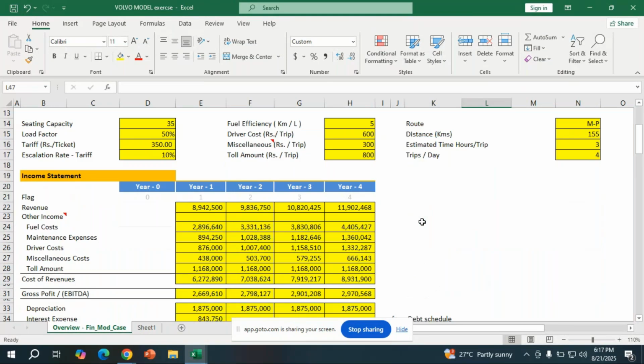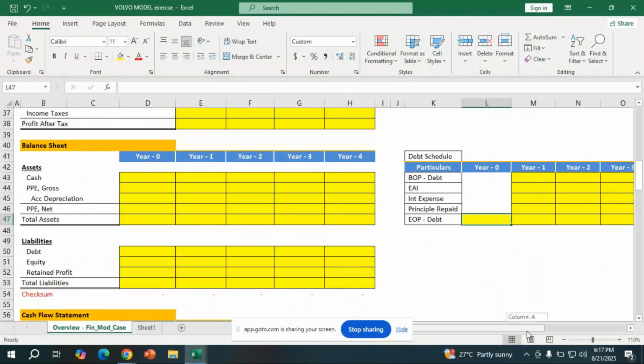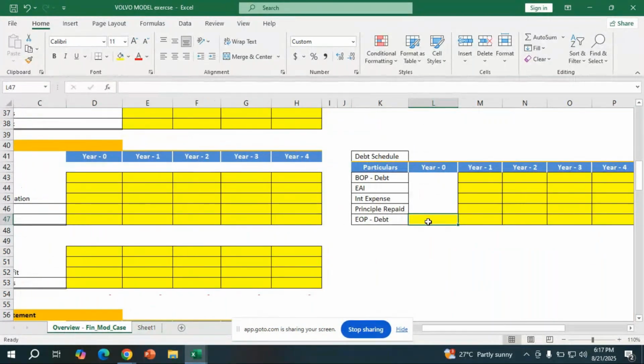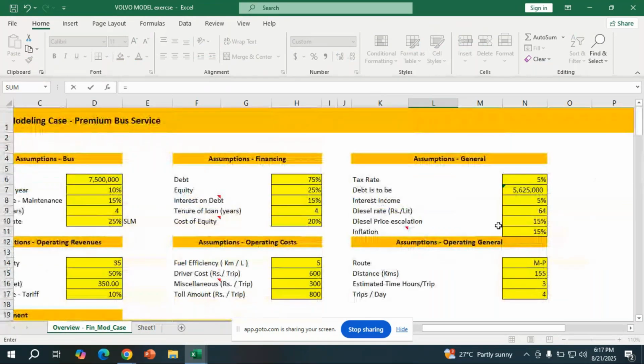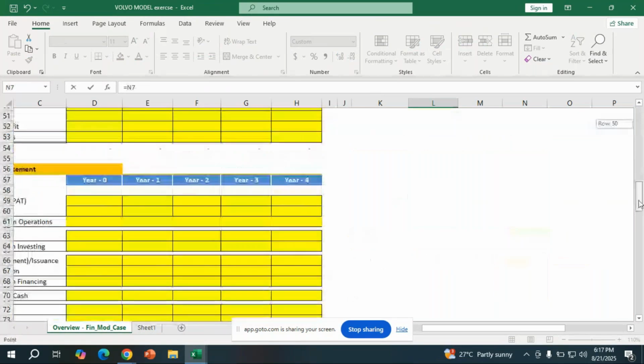So in my year zero, my debt amount is 56 lakh 25,000.